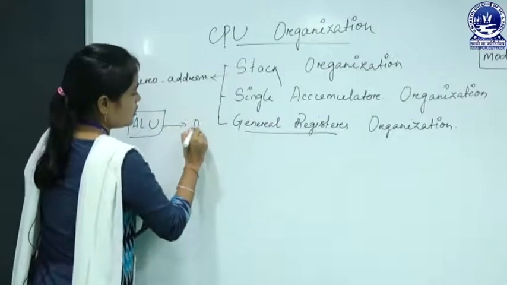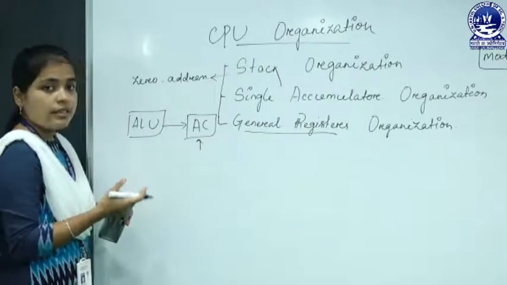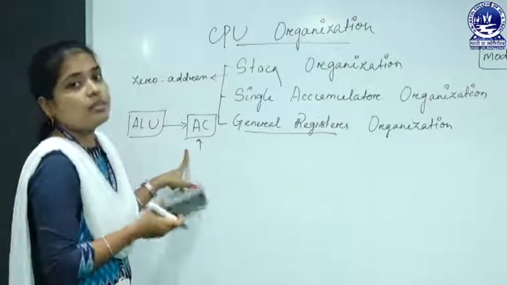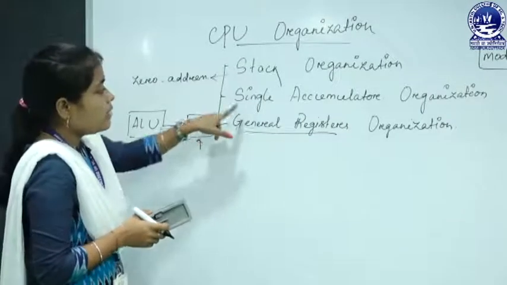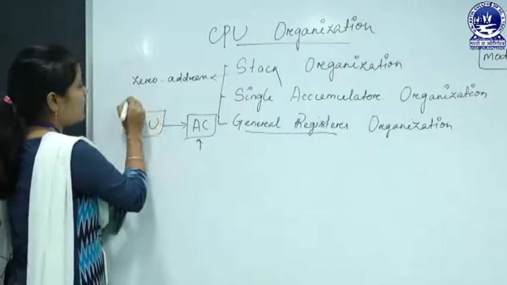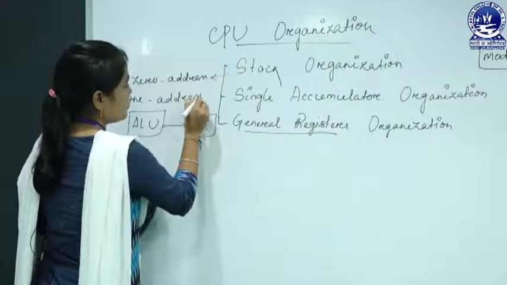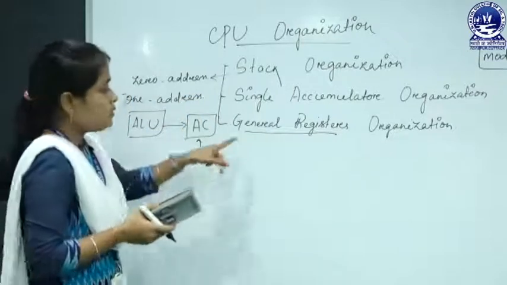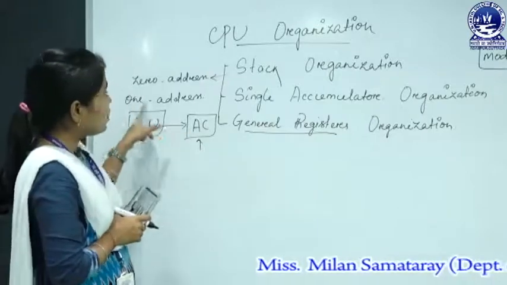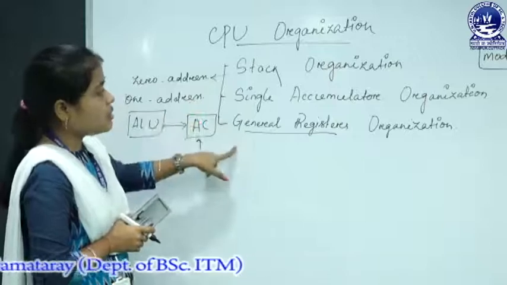This may be 8 bit, 16 bit, anything, but basically we take it as a 16 bit register. And this accumulator is used to write one address instruction format. We will discuss it later. The general purpose registers are used to write more than one address instruction formats. So, these are the CPU organizations.